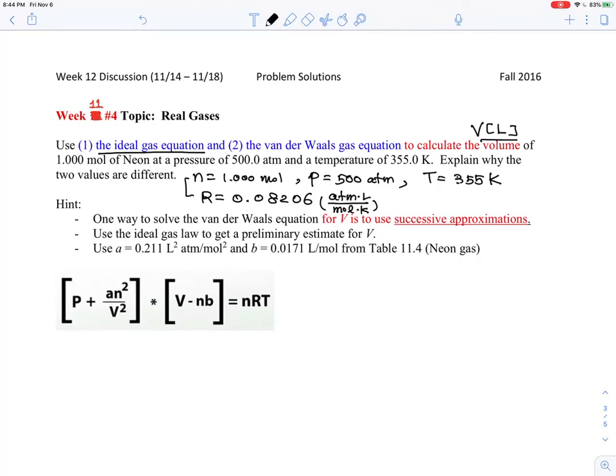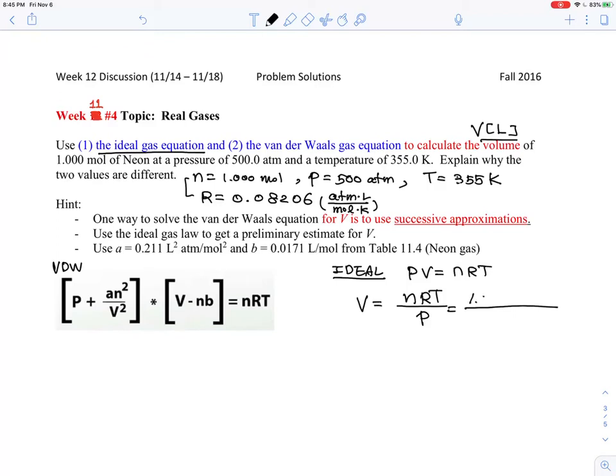So let's do that. Here is actually the equation called the van der Waals equation. I will explain it a little bit later, but let's do the ideal gas equation, which is a pretty nice equation. Once again, PV equals nRT. Therefore, the volume for the ideal gas must be nRT divided by pressure.